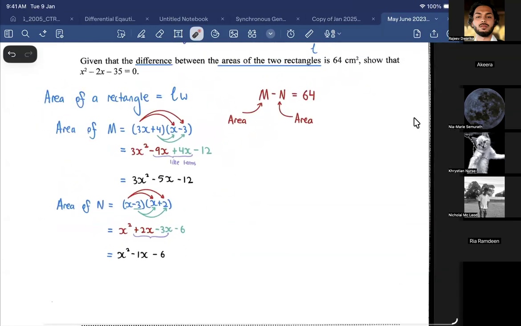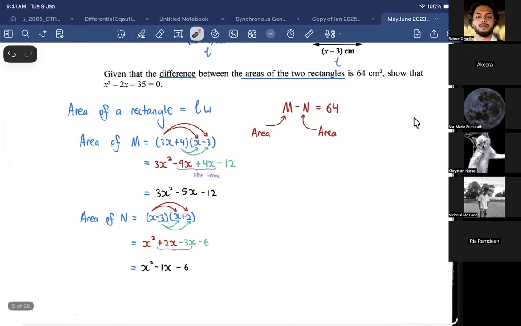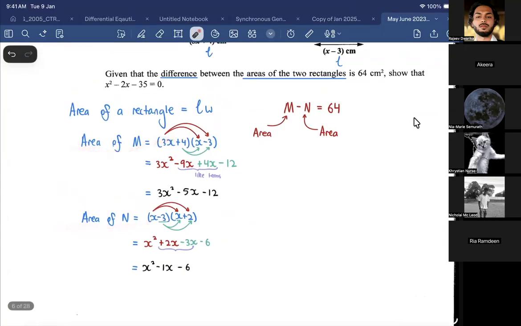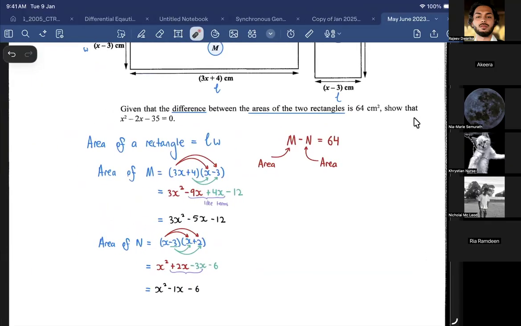All right. So Nia, Christian, Akira, Ria, Nikolai, Sienna, guys, are you all okay with how we figured out the area of M and the area of N? Yes, sir. What am I going to do next? Let me see if you all can figure out that step. What am I going to do next with that information?